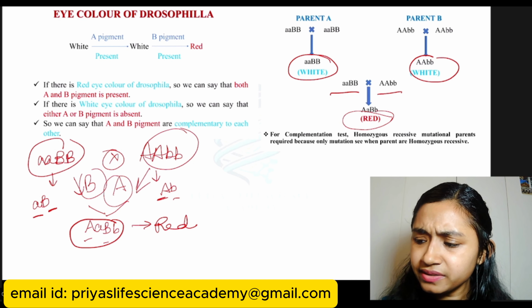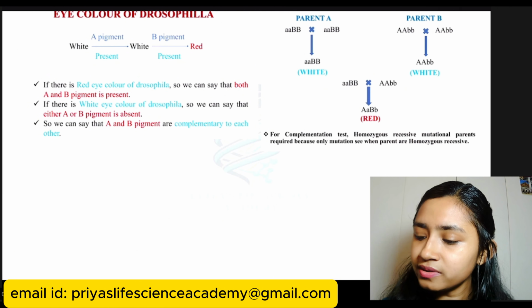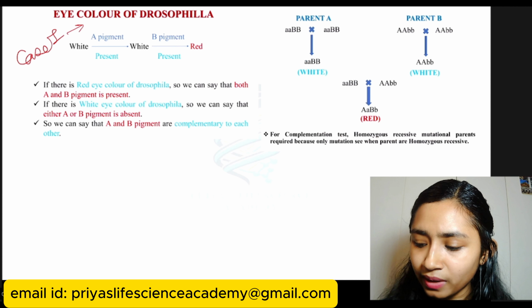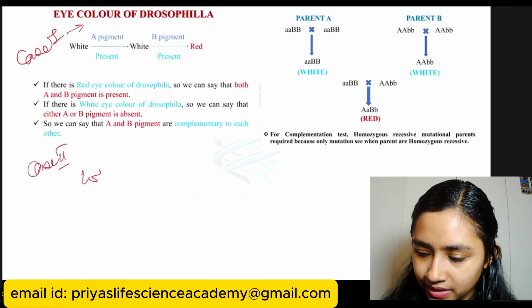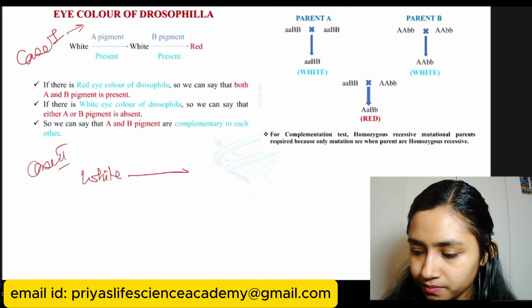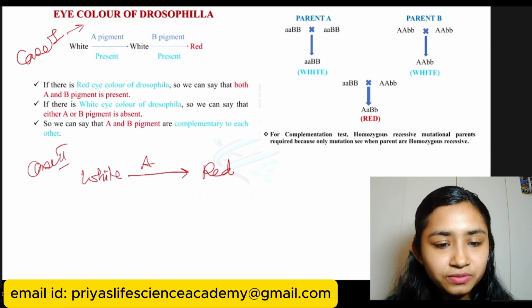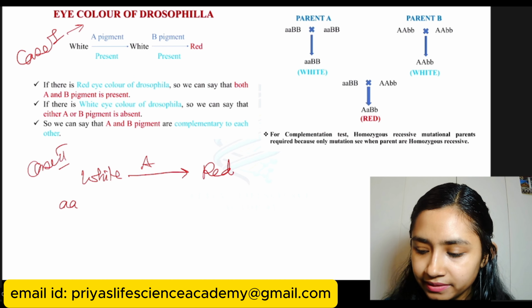If a characteristic is determined by only a single gene, so this was case 1. Case 2, if a characteristic is determined by only one gene. Okay, so what will happen if there is a mutation? For example, these two are mutant parents.